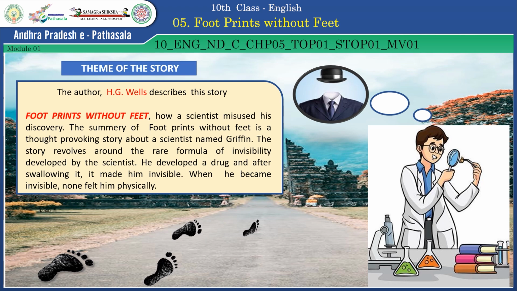The story revolves around the rare formula of invisibility developed by the scientist. He developed a drug and after swallowing it, it made him invisible. When he became invisible, none felt him physically.